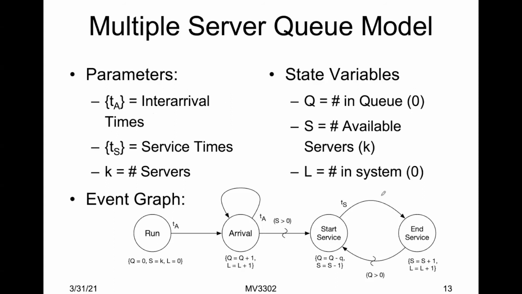Okay, so here's our final model. This is the kind of thing that you would turn in. It doesn't have to look exactly like this, but parameters, state variables, an event graph. So this is a complete model.